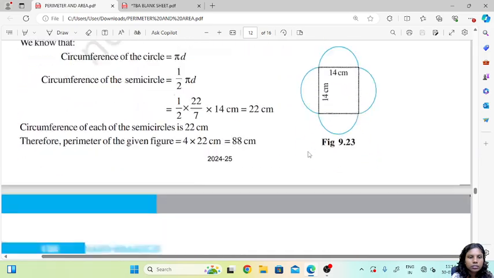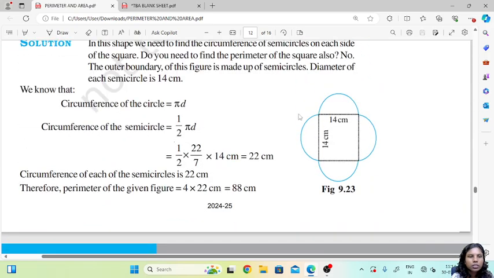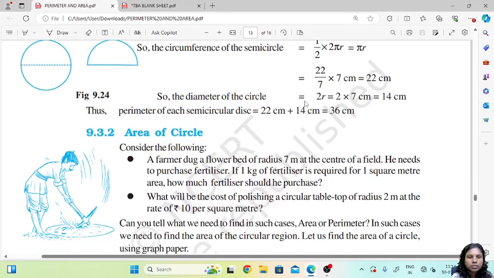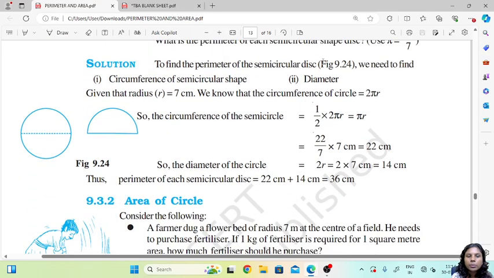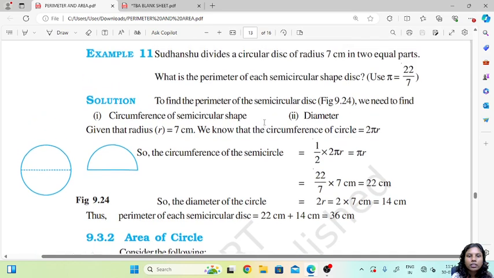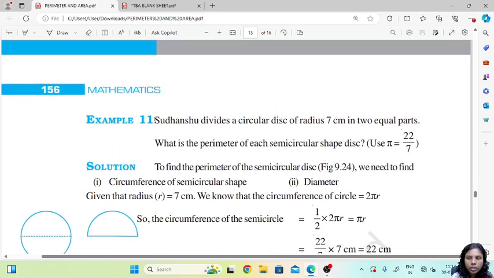Subdanshu divides a circular disc of radius 7 cm into equal parts. What is the perimeter of each semicircular shaped disc?